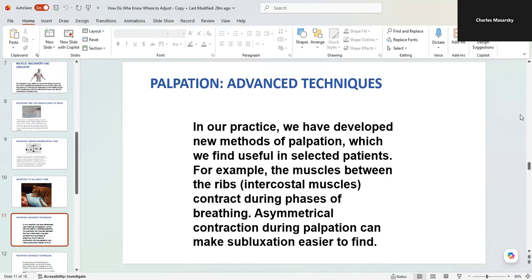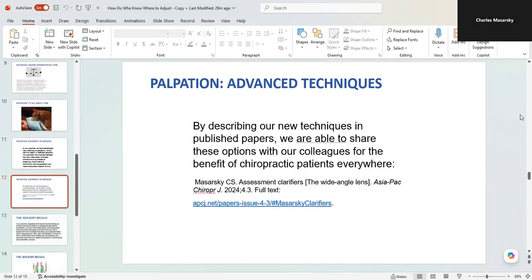Asymmetrical contraction during palpation as the patient breathes in or out can make subluxation easier to find. By describing our new techniques in published papers, we are able to share these options with our colleagues for the benefit of chiropractic patients everywhere. If you are interested in one of those papers, the link for the full text is right there below.